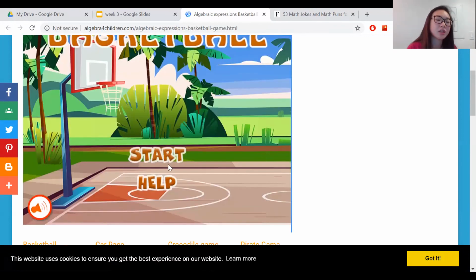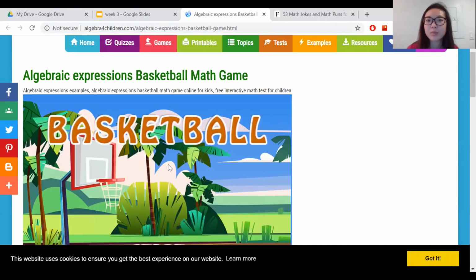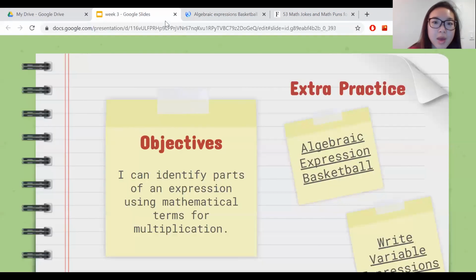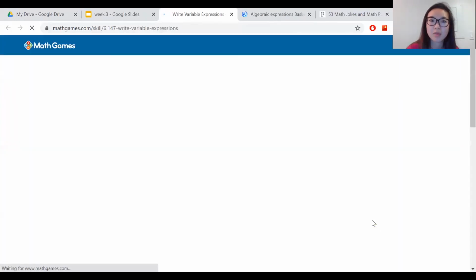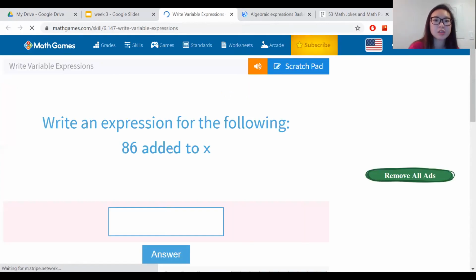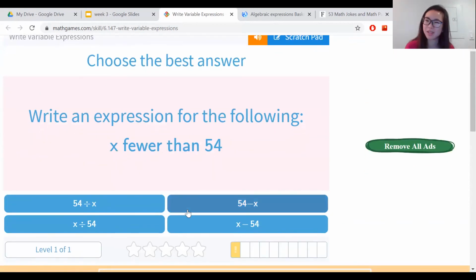And then you can play along and it gives you the expressions in math. And then let me go back to the slides. And then we have write variable expressions. So we can click that one as well. And that's mathgames.com. So then you can write the expression, write the following. I got it wrong, but it's something like that.